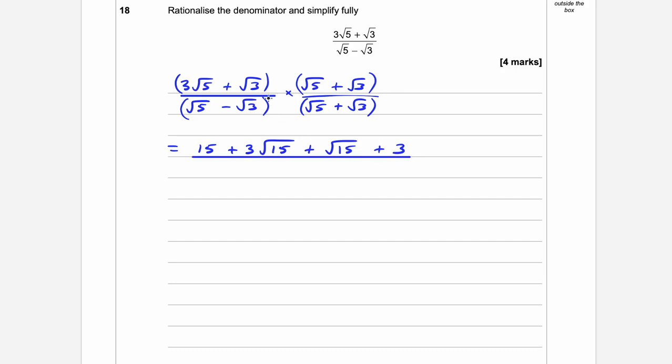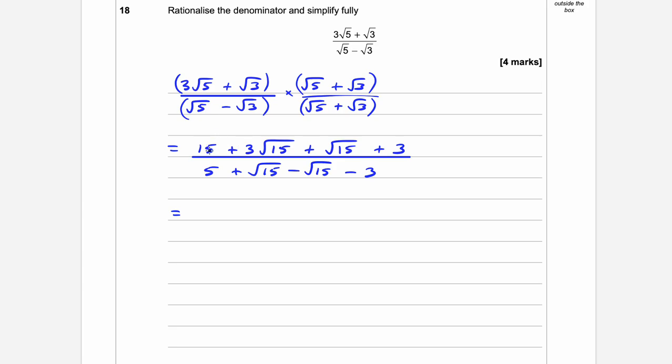Okay, denominator, root 5 times root 5 is 5. Root 5 times root 3 is root 15. Minus root 3 times root 5 is minus root 15, and these two are going to cancel, which we knew. And then minus root 3 times root 3 is minus 3.